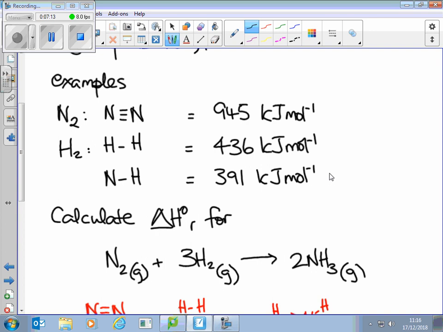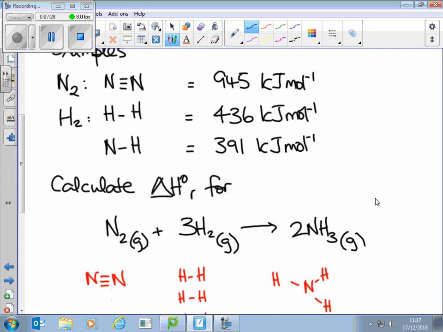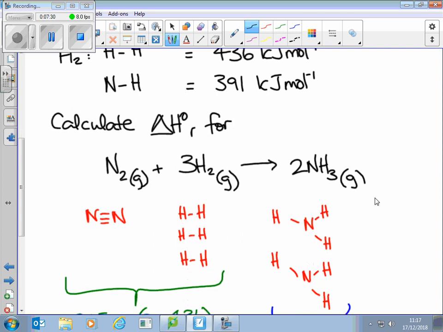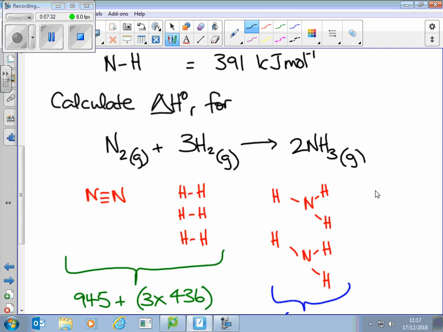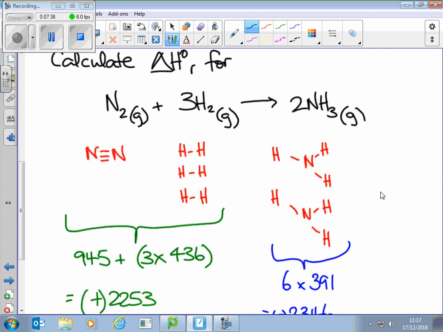So the 945 represented the whole triple bond. That's not for each one of the 3 bonds in there. That's the whole triple bond. The 436 is the single bond between the 2 hydrogens. The 391 was the nitrogen to hydrogen single bond. And this was to calculate an enthalpy change of reaction for nitrogen and hydrogen reacting together to make ammonia.